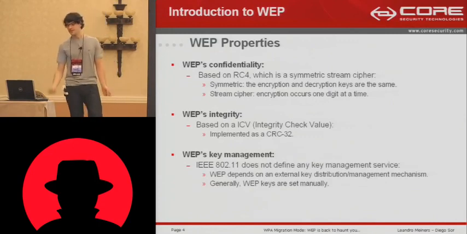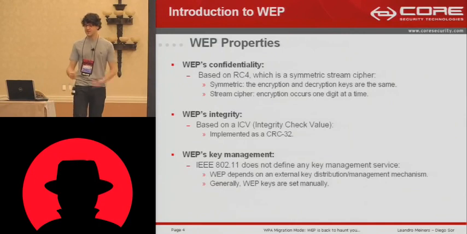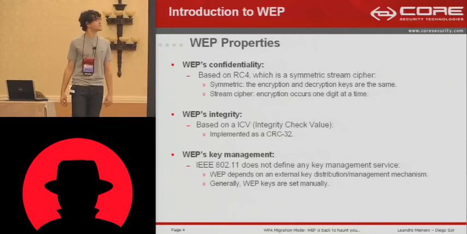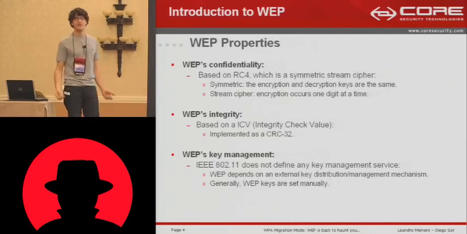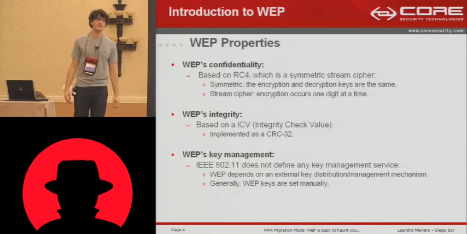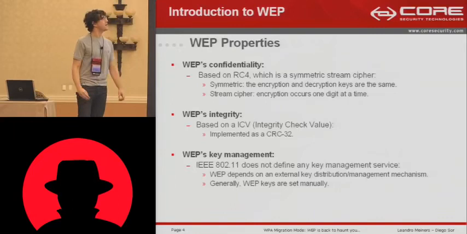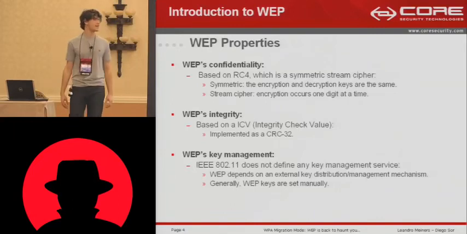WEP is based on RC4, which is a symmetric cipher, meaning that both endpoints know the key and the key is the same on both endpoints. And it is a stream cipher, which means that the encryption happens one digit at a time, so each digit is encrypted independently of the rest of the stream or the packet.